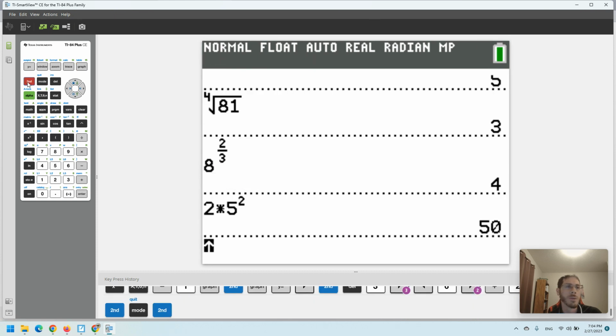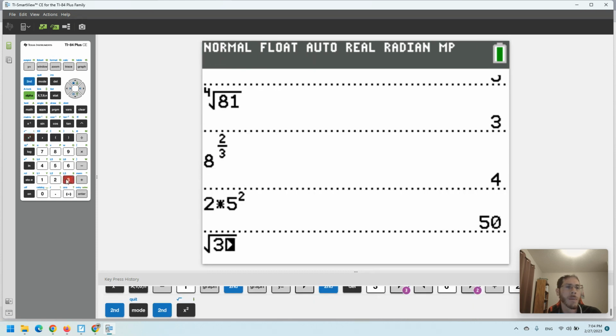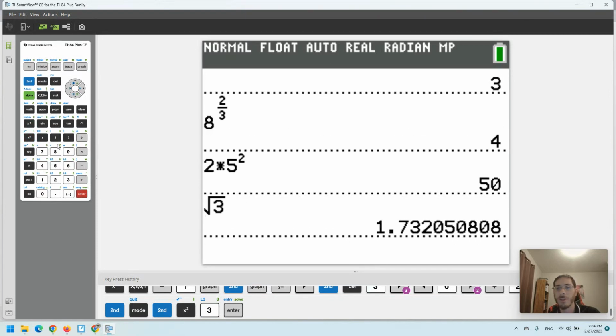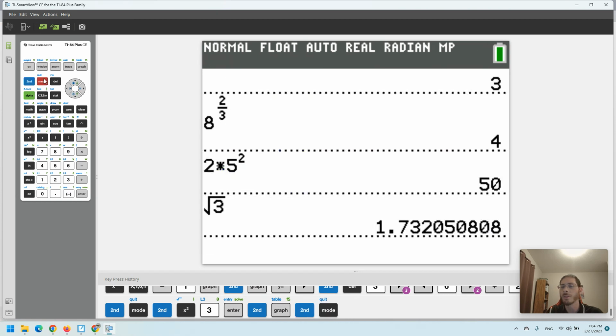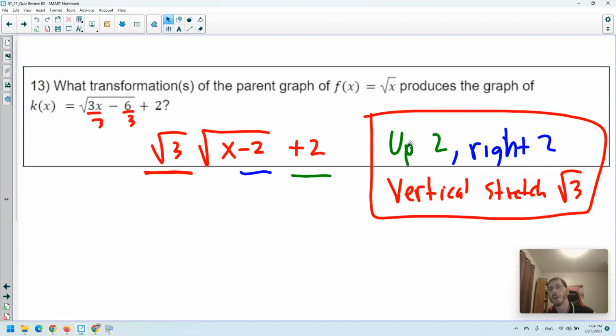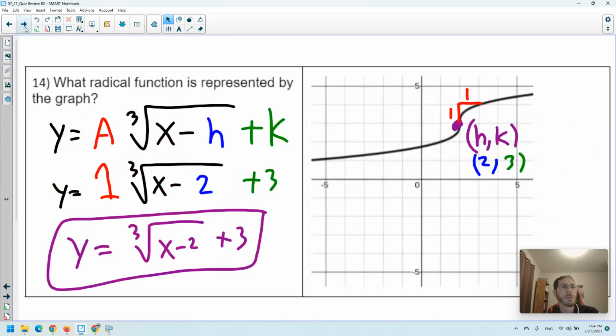However, what's kind of cool is if you do know what the square root of 3 is, 1.73205, and so on, you can see it basically matches up. 3.7321 minus 2 is 1.73, and we've got a little bit of a rounding thing going on here. So the calculator doesn't help out too much with the a value in this one. But if you need some help finding the up and the right parts, you can verify your answer that way. All right. Sounds good.